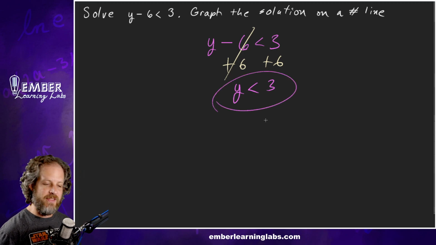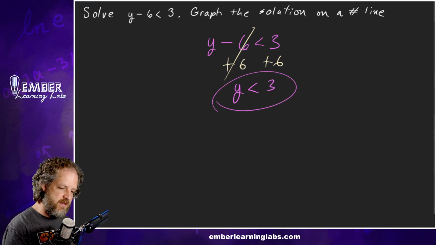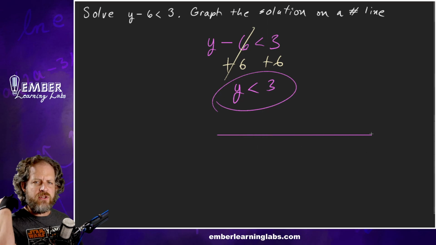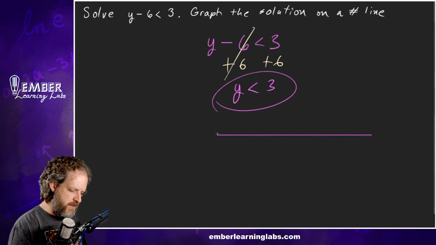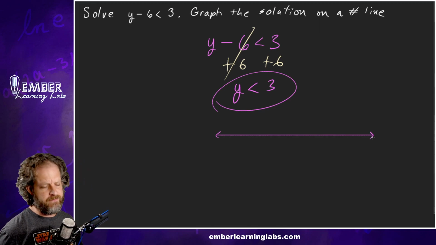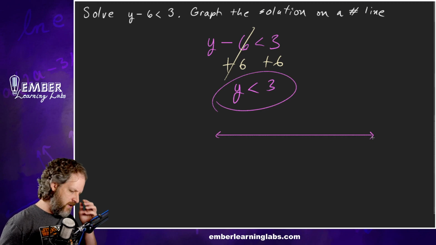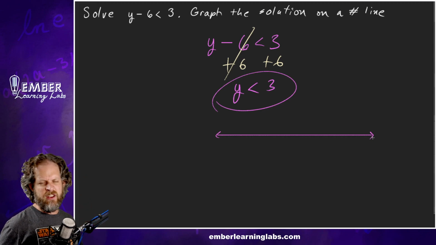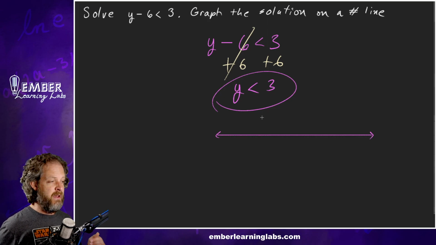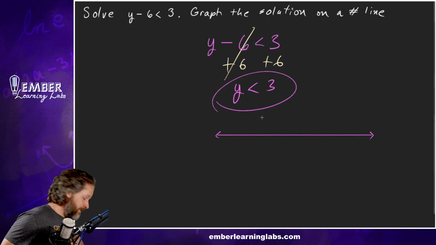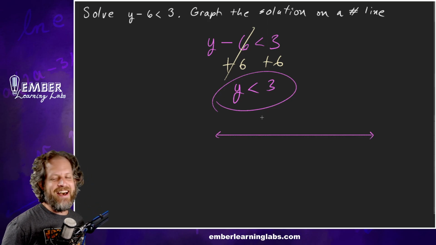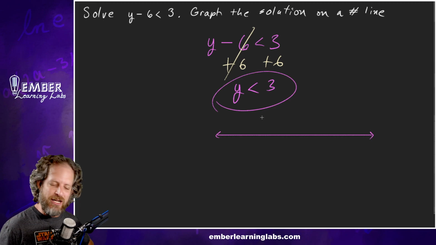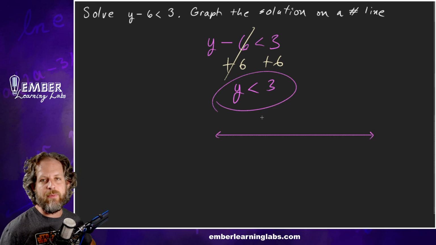Now we need to graph that solution on a number line. So let's do that. First thing we're going to do is draw a number line. In the next lesson, there will be more complicated problems.